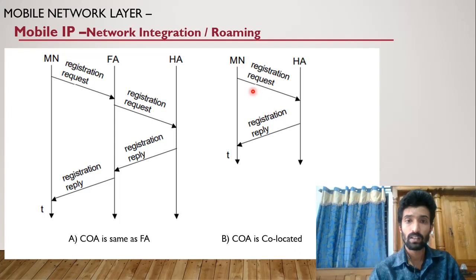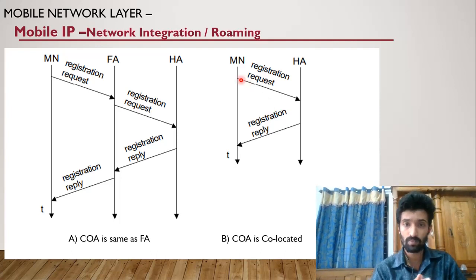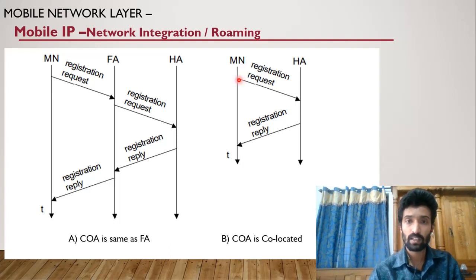Once the MN gets the public address, it can communicate directly with the HA, without forwarding through the foreign agent. That means the registration request, and the registration reply, will come directly between the home agent and the MN without the involvement of the foreign agent. That is also known as COA being co-located.